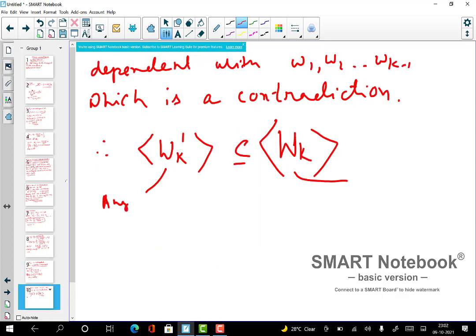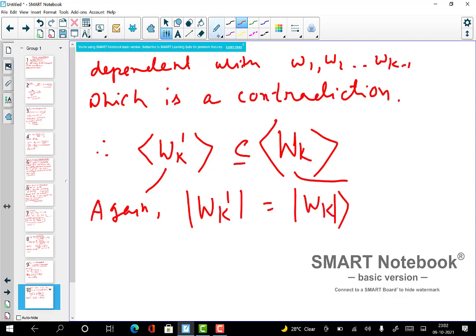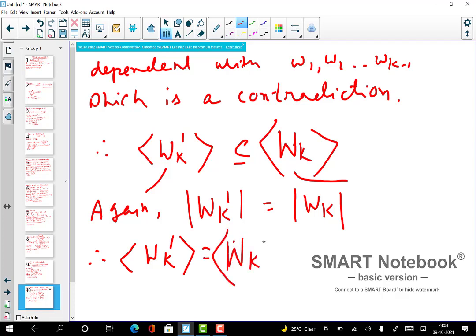So the cardinalities are the same, and that means the subspaces spanned by these have to be the same.